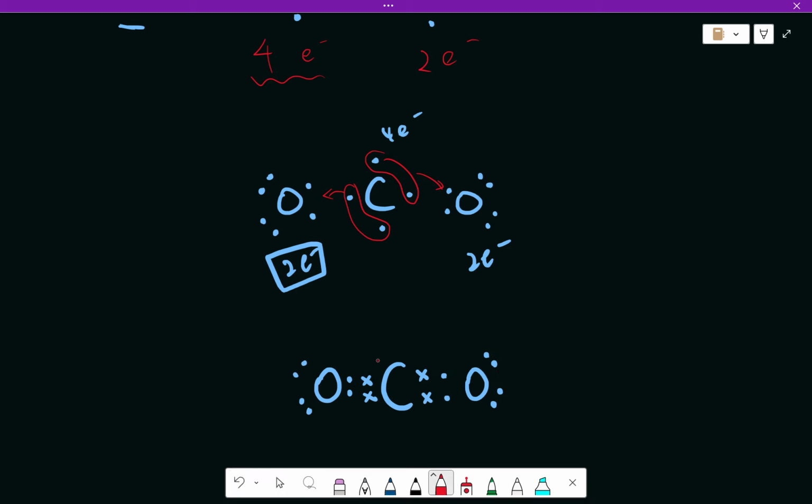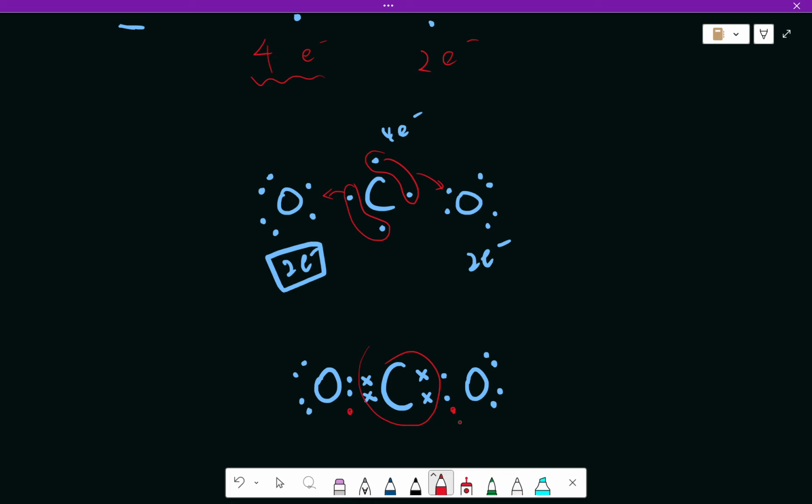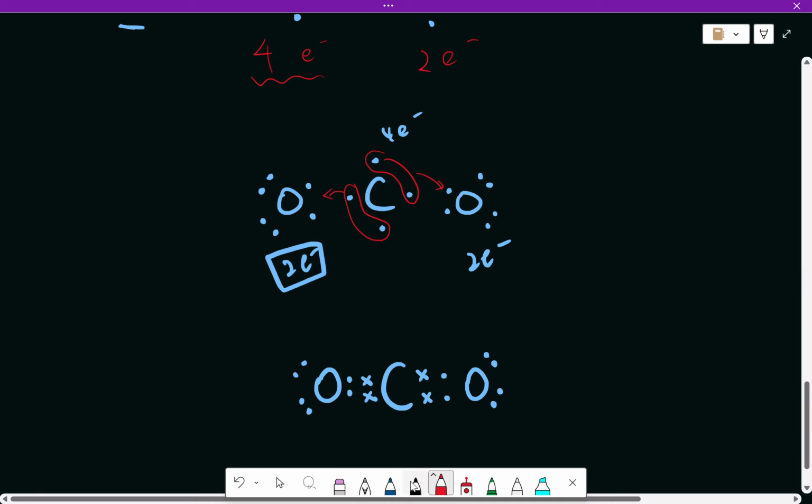And for the central carbon, since these 4 electrons from the oxygen atoms are being shared with the central carbon atom, the carbon atom will also have 8 electrons in its valence shell as desired.